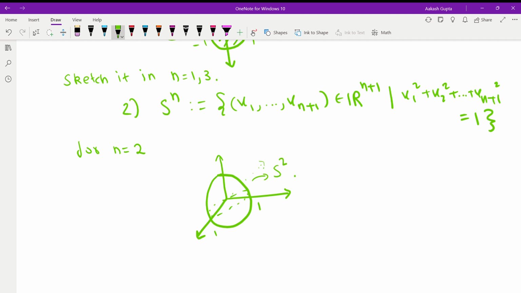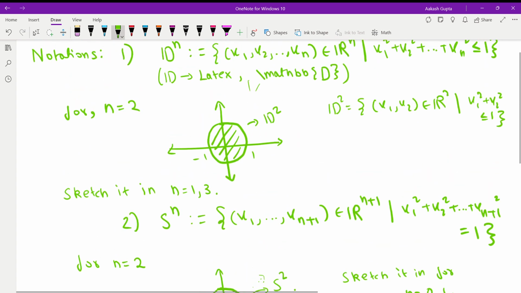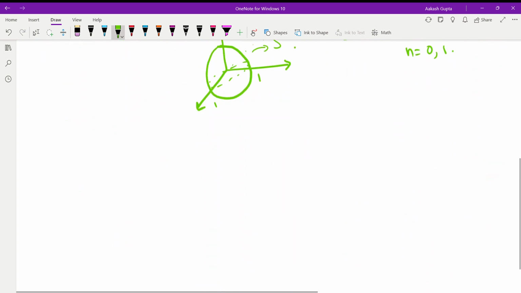Fine. Now, similarly, you can sketch it for n equal to 0 and 1. Beyond that, the same thing, like in Dn. Okay, good.